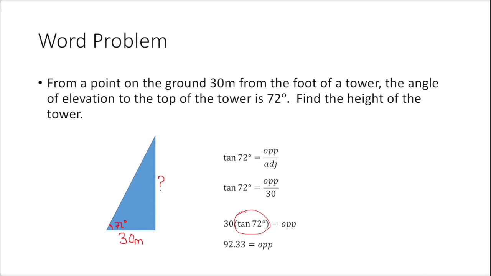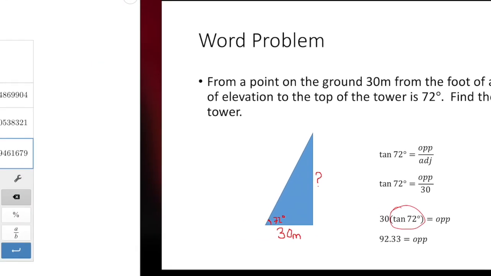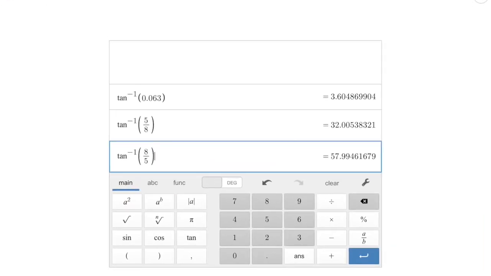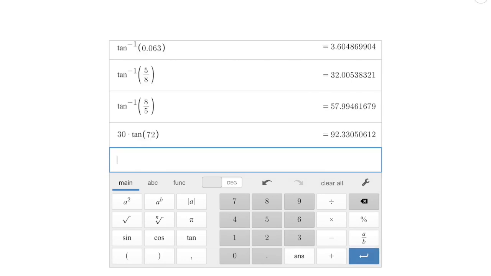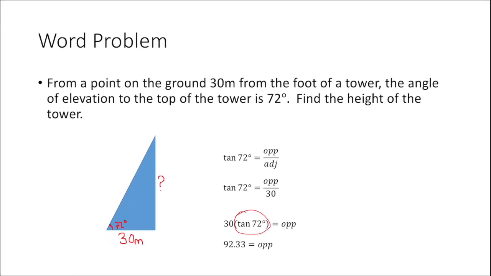We multiply that number by 30. So how do we do that? 30 times tan of 72, close brackets, equals 92.33. So the height of the tower is 92.33. And there's your homework. I'll post it up shortly.